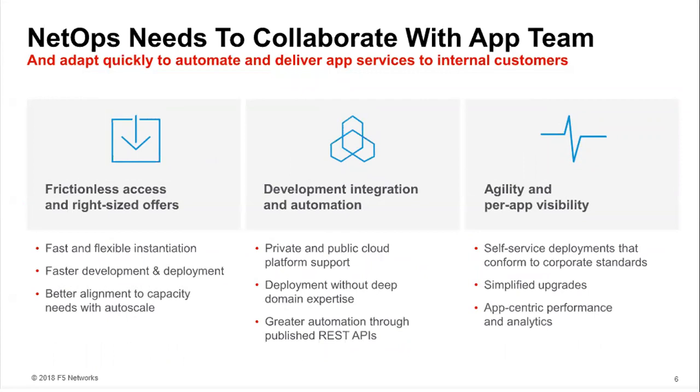So one of the things that F5 also looked into is a way whereby there will be frictionless access and right-sized offers, fast and flexible installation, faster development and deployment, better alignment to capacity needs with auto scaling. So also development, integration and automation.